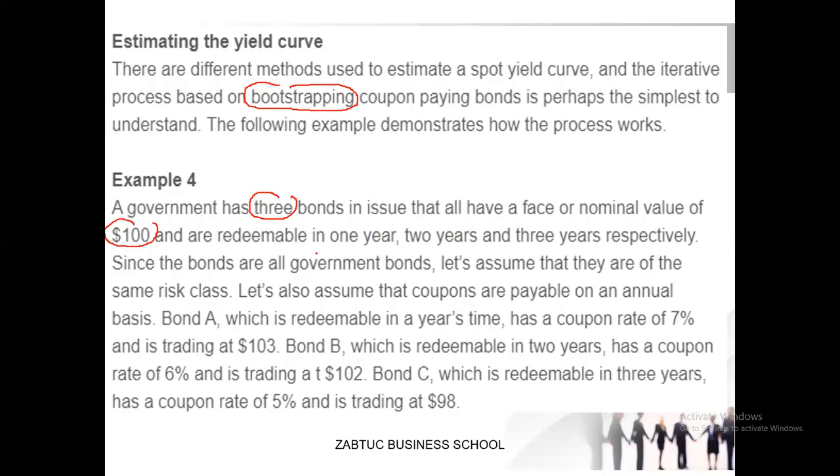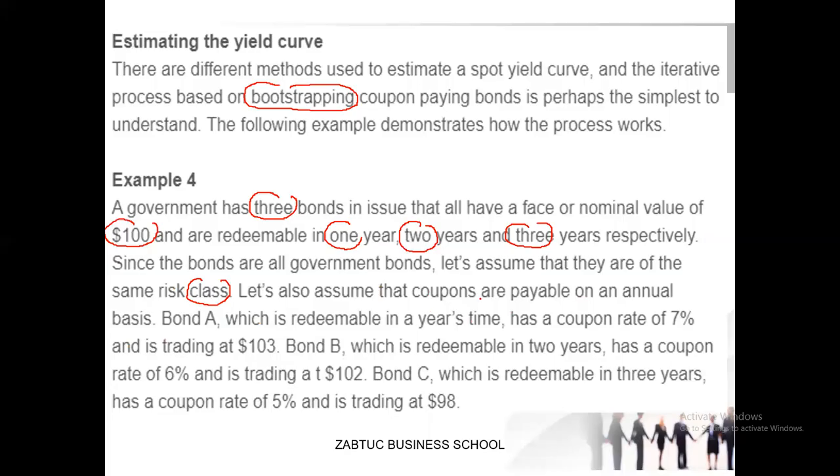One of the bonds is redeemable in 1 year, another in 2 years, another in 3 years. Since the bonds are all government bonds, let's assume they are of the same risk class. Let's also assume that coupons are payable on an annual basis to make our work easy.